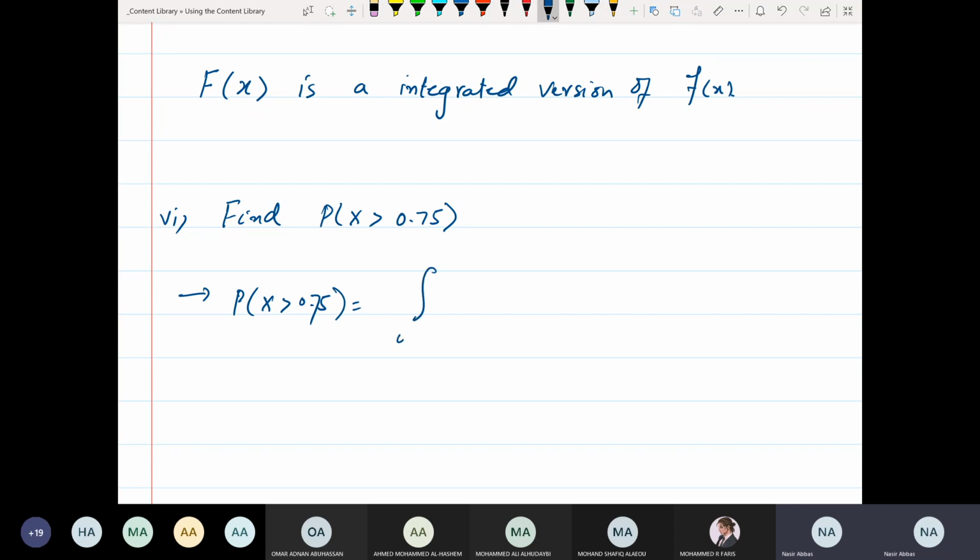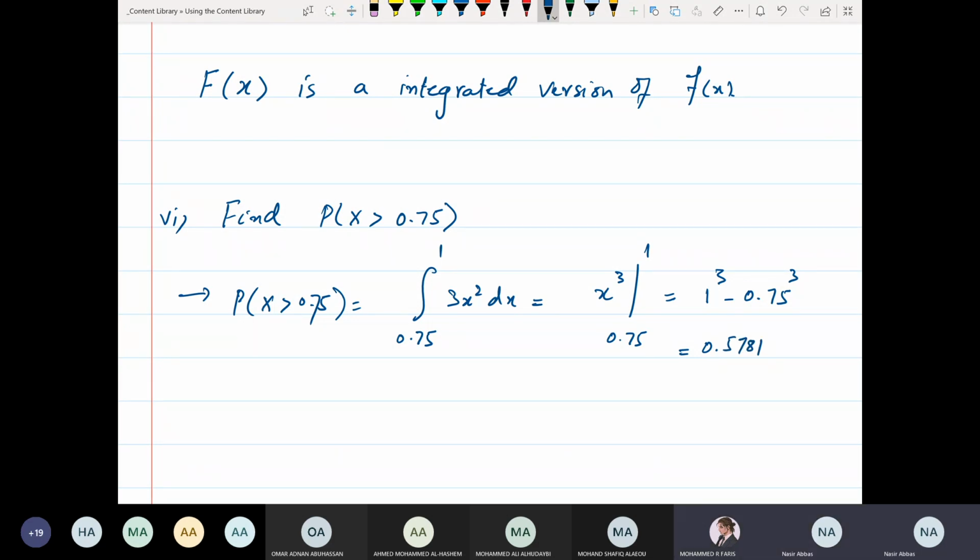That will be the integral from 0.75 all the way up to 1 of 3x squared dx. So that will be x cubed from 0.75 all the way up to 1. And this will be 1 cube minus 0.75 cube. Who can tell me, 1 cube minus 0.75 cube? Yeah, 0.5781.